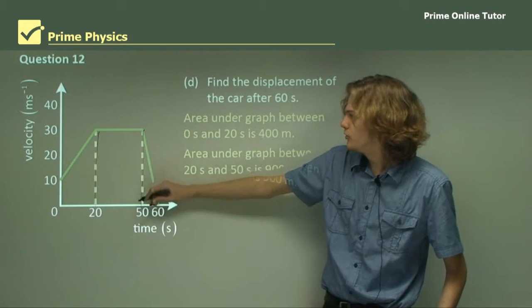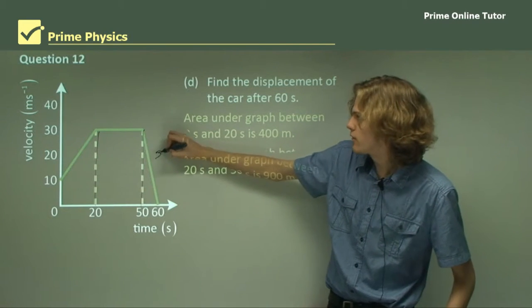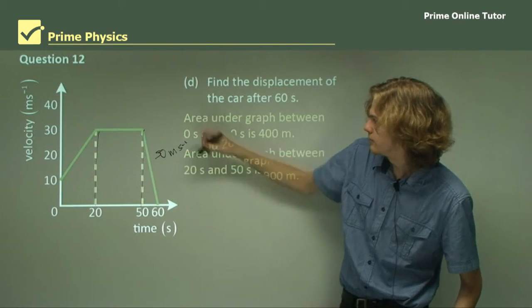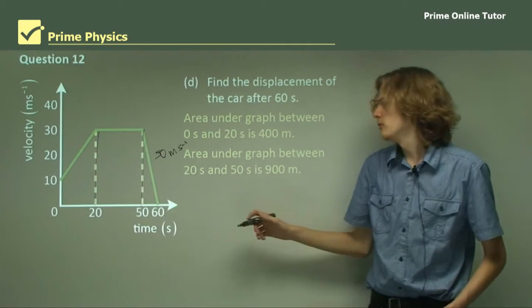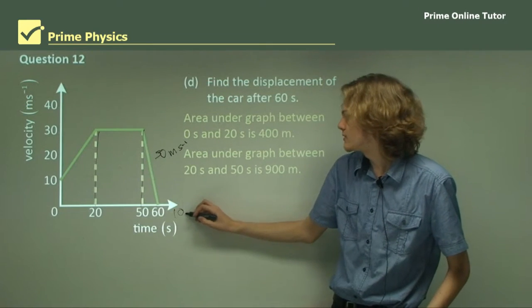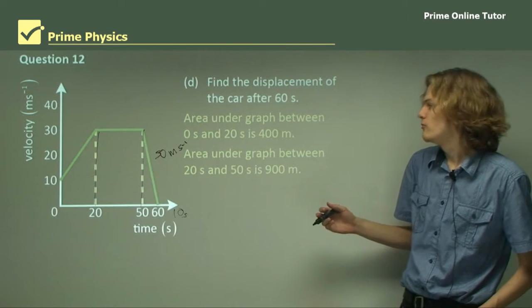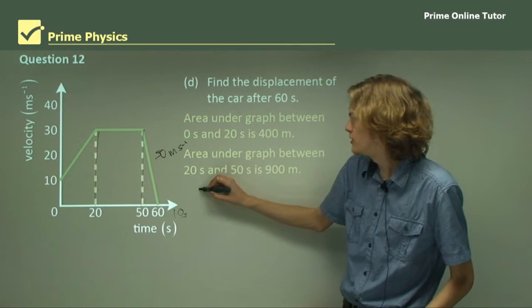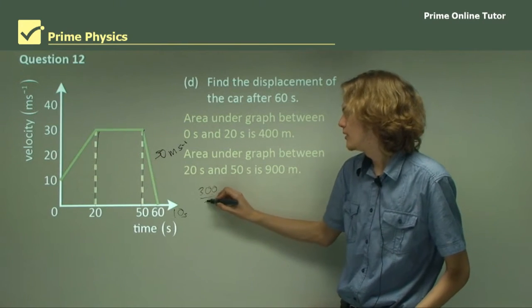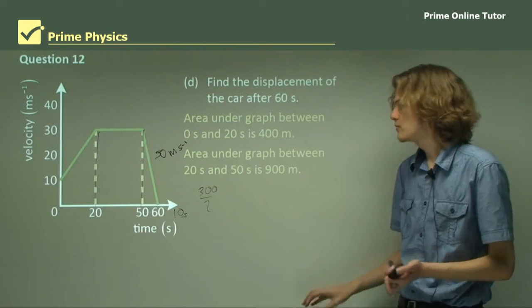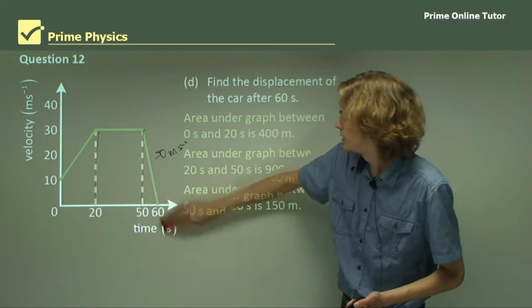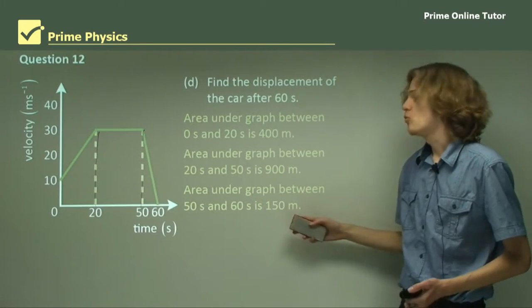Now, the altitude of the triangle is 30 meters per second, and the base of the triangle is 10 seconds. So with our old formula, half base times altitude, we find that base times altitude is, of course, 300. We can divide that by 2 to find the area of the triangle, which of course ends up being 150 meters.